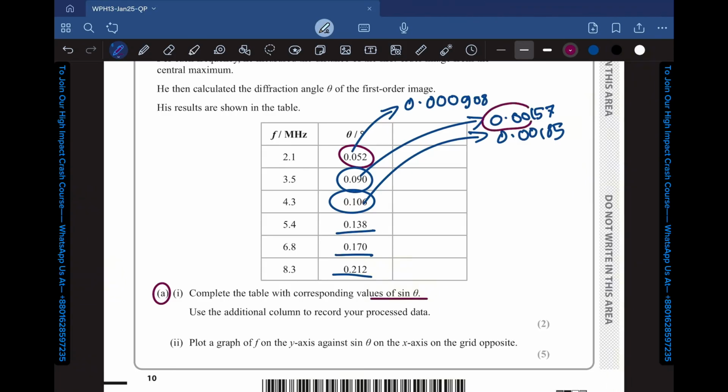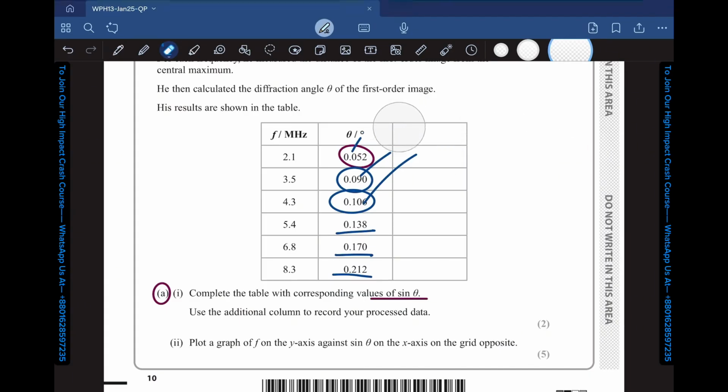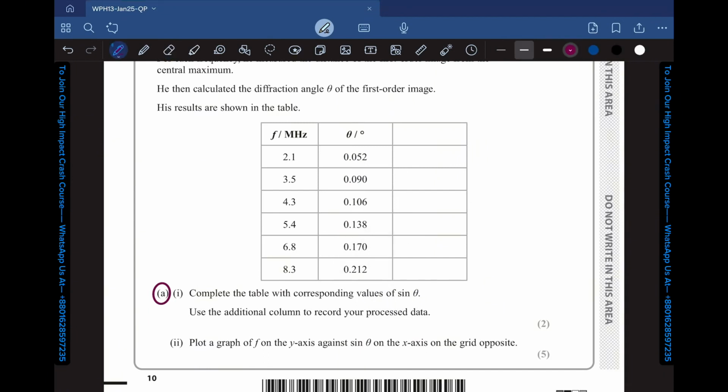So rather than putting these small values right here, you can use another way. The way will be like this. Let's say you are getting the value as 0.00157. This can also be written as 1.57 into 10 to the power minus 3.